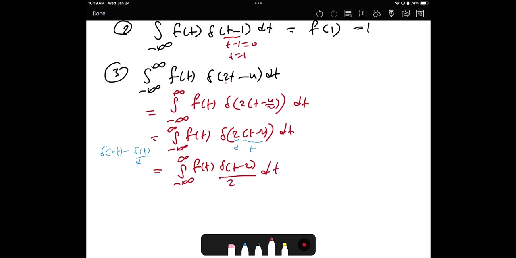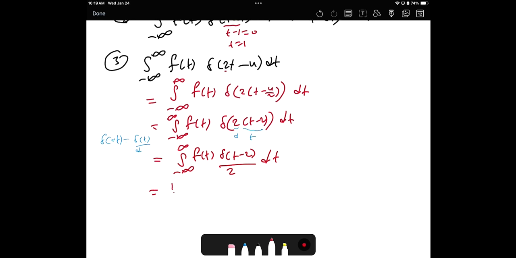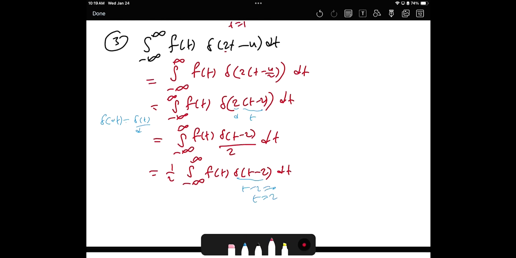Okay? Does this make sense? Now, put the 1/2 outside of the integral, integral of f of t delta t minus 2 dt. Now, t minus 2 equals 0, therefore t equals 2. So according to the properties, it will be 1/2 f of 2.